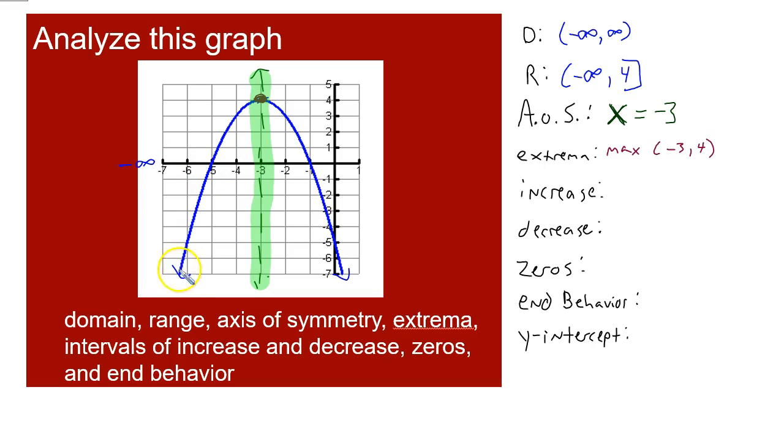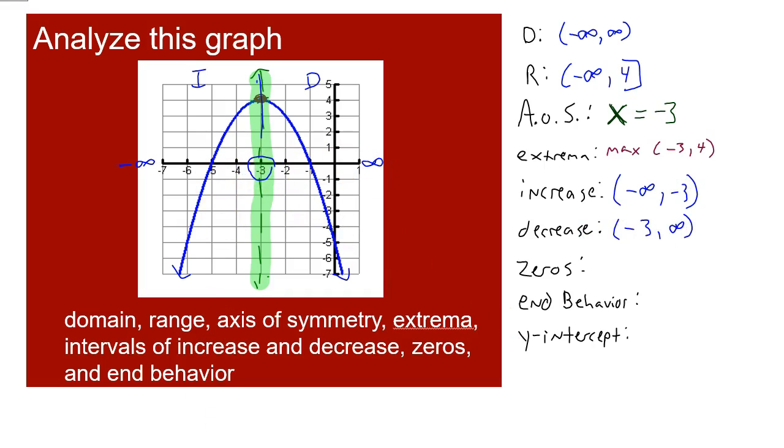And then I'm increasing from negative infinity to this point right here. This is where I stop increasing, and that is at negative 3. And from that point, I change directions, and I start to decrease. I'm going downhill forever to the right. And remember, forever to the right is along the x-axis towards positive infinity. So increasing would be negative infinity to this x value. Decreasing would be from negative 3 to positive infinity.